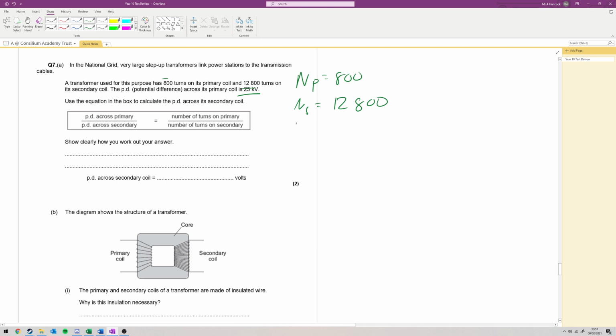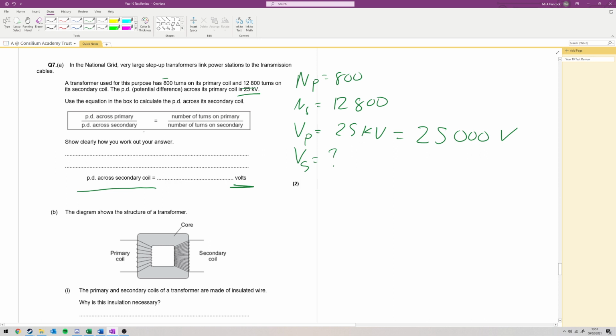Notice, VP equals 25 kilovolts. That is not in volts. So what I'm going to do is that equals 25,000 volts. And what does the voltage across the secondary equal? Well, we don't know. That's what they've asked us to calculate. Show clearly how you work out your answer.